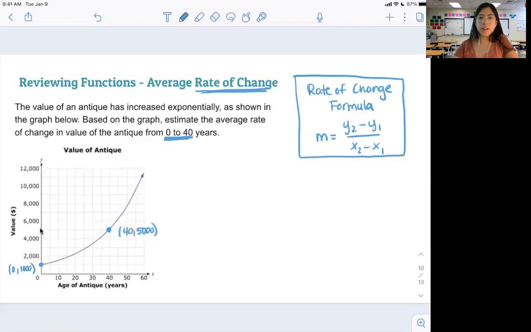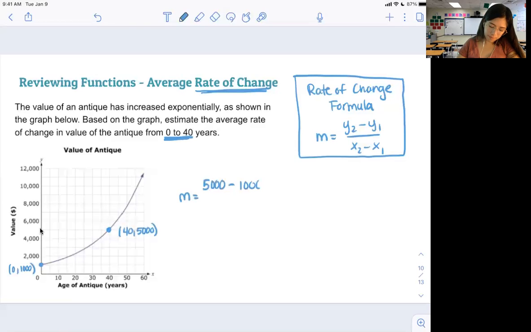So what would be my Y2? Y2, the Y value of the second point. $5,000, good.